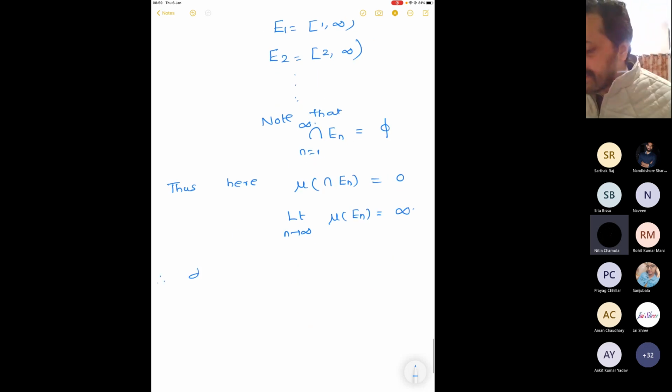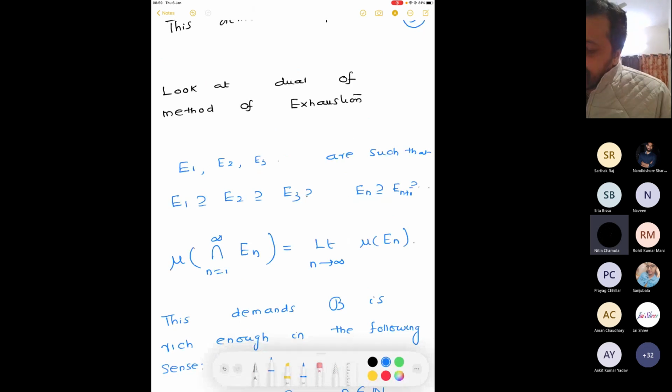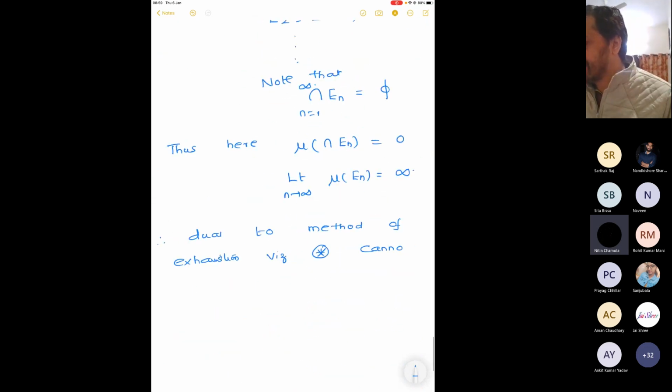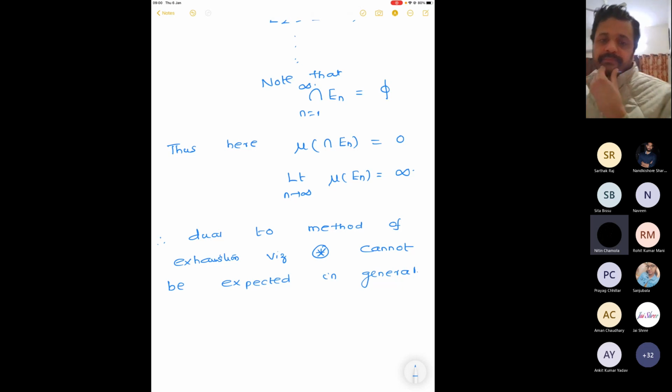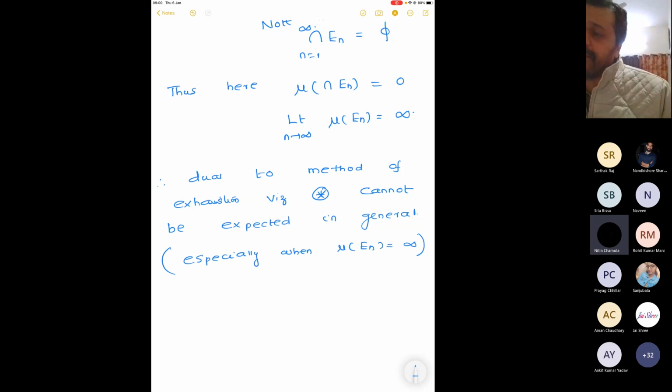Therefore, the message is that the dual to method of exhaustion, which I will name star, cannot be expected in general, especially when the measure of En becomes infinity. If it is less than infinity for all n, things may be different.